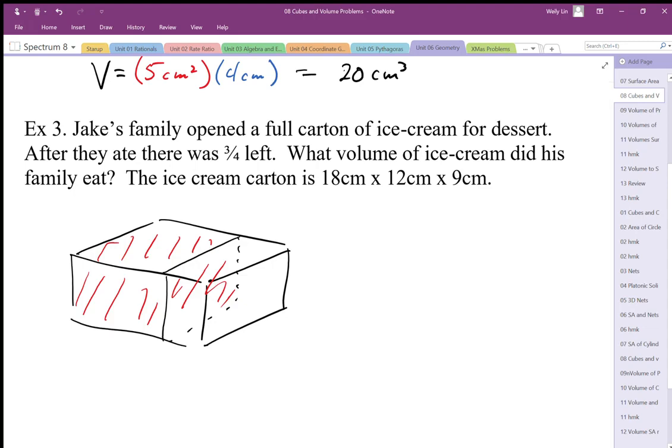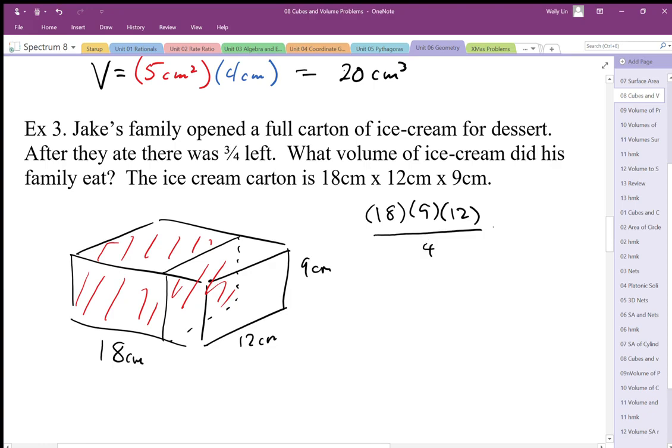So basically, we can find, first of all, the volume of this whole box. It's going to be 18 centimeters this way, 12 centimeters this way, 9 centimeters in this direction. So we can do the product of those, 18 times 9 times 12. That gives us the whole volume. Then we only want 1/4 of that, so we can just divide by 4.